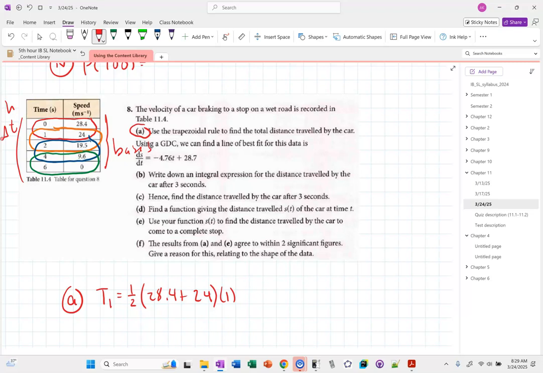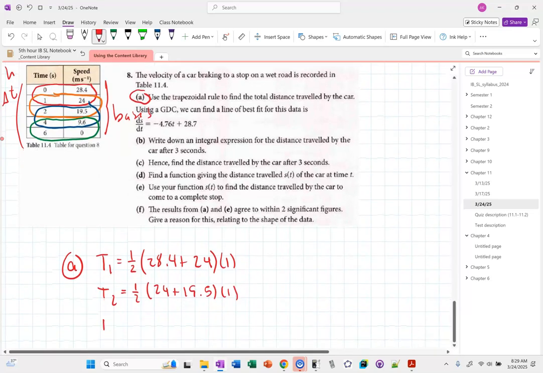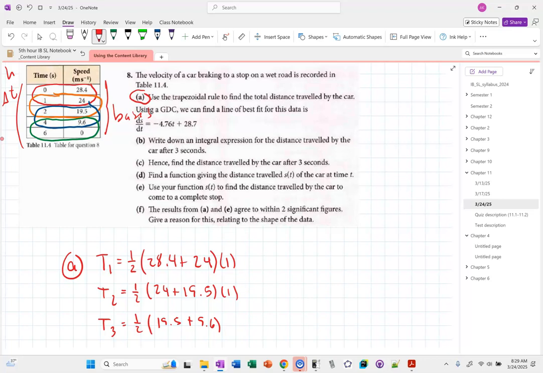And then my height is 1 because there's a change of 1 in my x values, or in this case, I guess, t's, in my independent variables. So the next trapezoid is going to be 24 plus 19.5 times 1. My next trapezoid is going to be 1/2 19.5 plus 9.6, and now it's times 2.